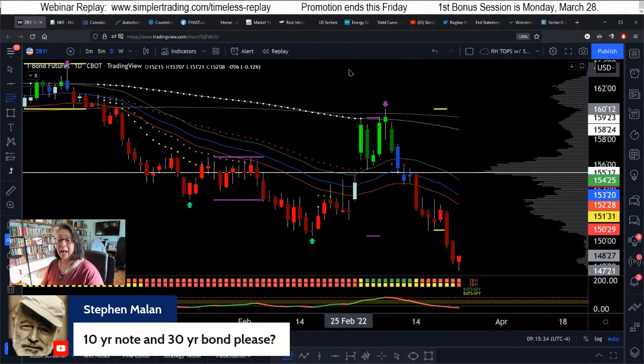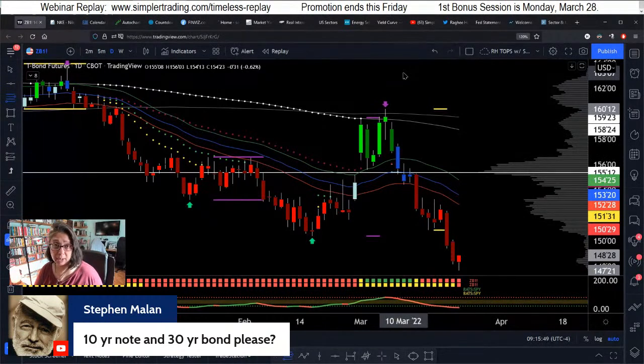Whatever your approach is to getting short, remember that we want to take advantage of having that bearish directional bias. There might be numerous different strategies that can get us short. It doesn't have to be just mine. But as long as we're looking to the short side as the dominant path of least resistance, we're in good shape. And the same goes for the 10 and the 30.